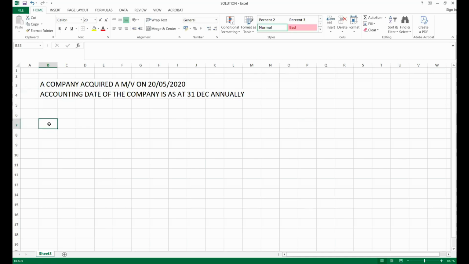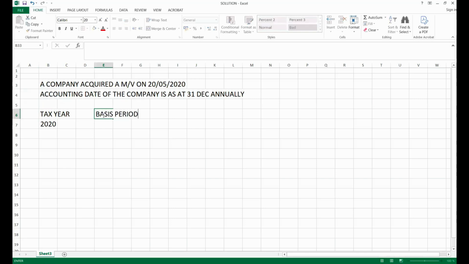So that means if I'm doing my basis period for the 2020 year of assessment, who can tell me what is going to be the basis period?